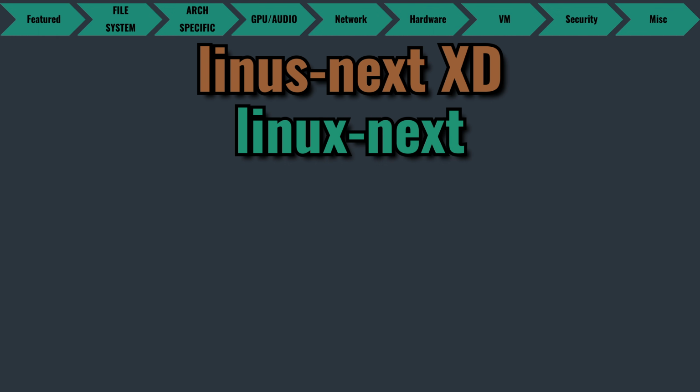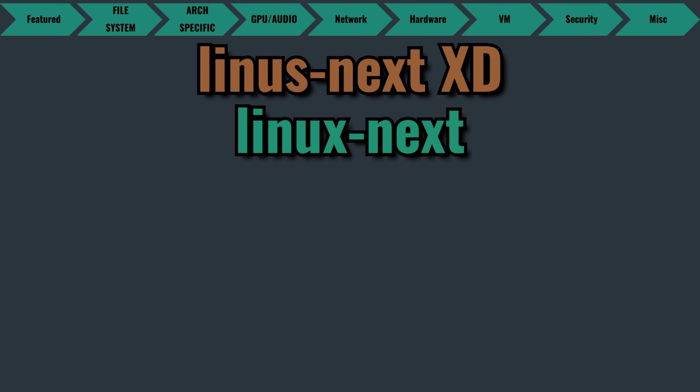Linux Next is there to be able to shove something into the kernel and to test if they actually work with all of the other things in the kernel. So what you do is, hey, I have a new feature that I want to add to the kernel. I'm shoving it into Linux Next, and if it works, then you can go to Linus and you can tell him, hey buddy, it works in Linux Next, merge it, and it probably will end up being merged.